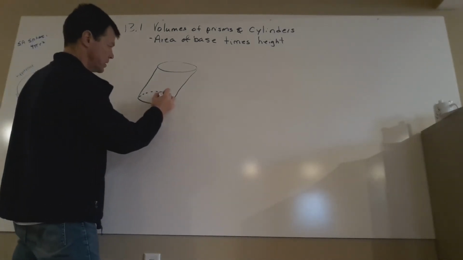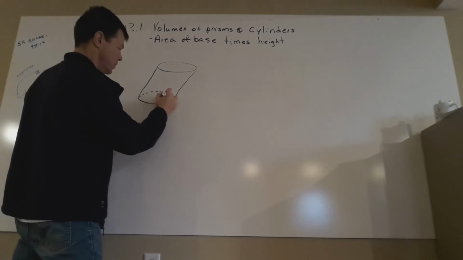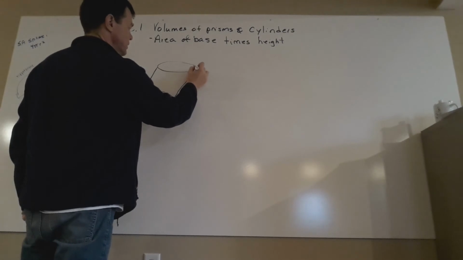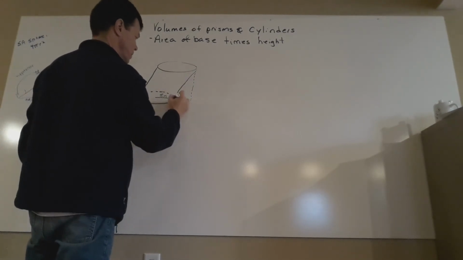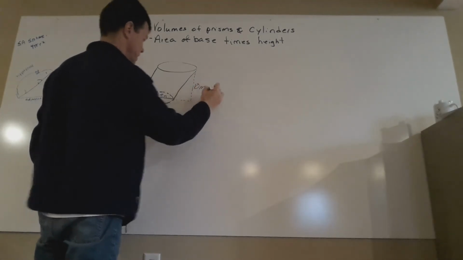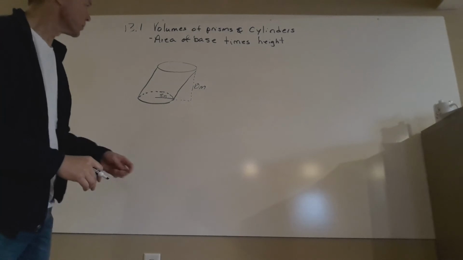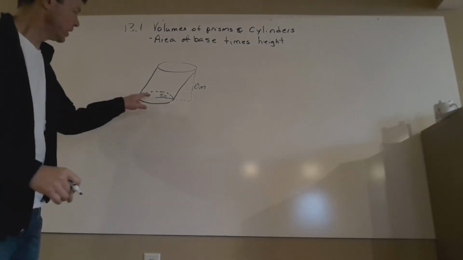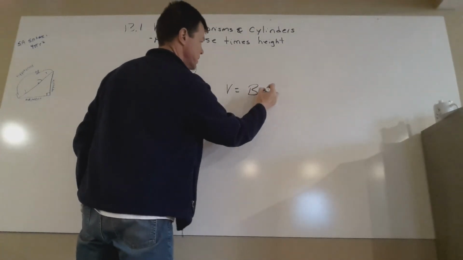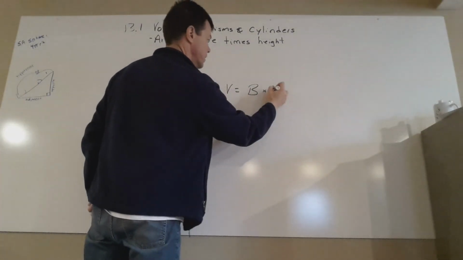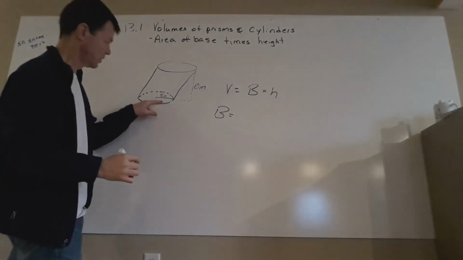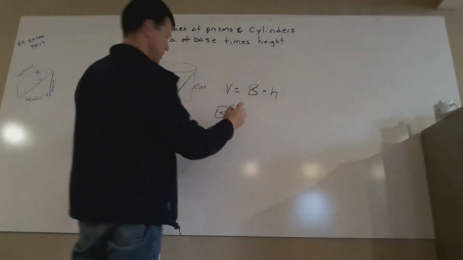I'll give our radius, I'll call it 8 meters. This will be a big can. The height on this, you're looking at this dimension, I'm going to just make it 10 meters. All right, area of the base. The base then equals radius squared times pi.